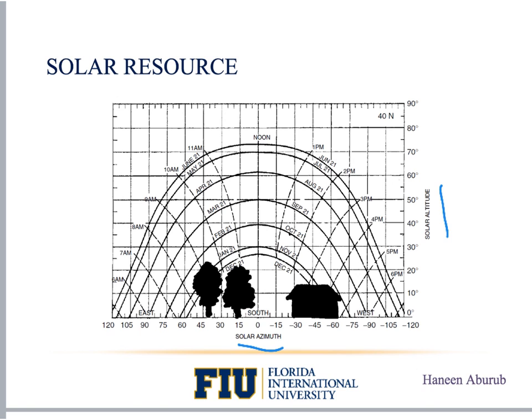Now, the sections of the sun path diagram that are covered by the obstructions here indicate periods of the time when the sun will be behind the obstruction and the site will be shaded.